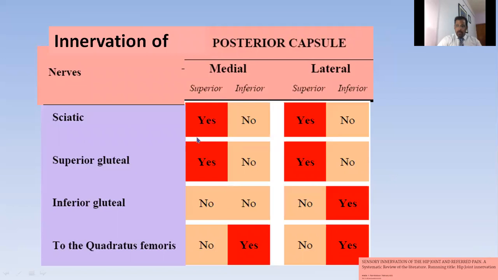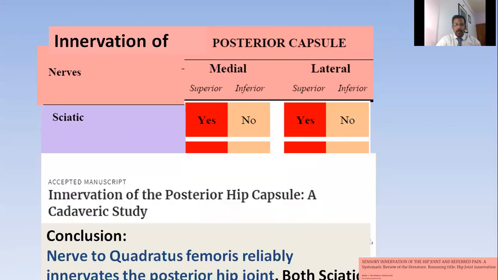To summarize, the sciatic and the superior gluteal nerve mainly supply the superior medial part of the posterior hip capsule, and the nerve to quadratus femoris mainly supplies the inferior aspect of the posterior hip capsule. The contribution of the inferior gluteal nerve, as shown in the study, if it is present, is mainly in the inferior lateral part of the posterior hip capsule.